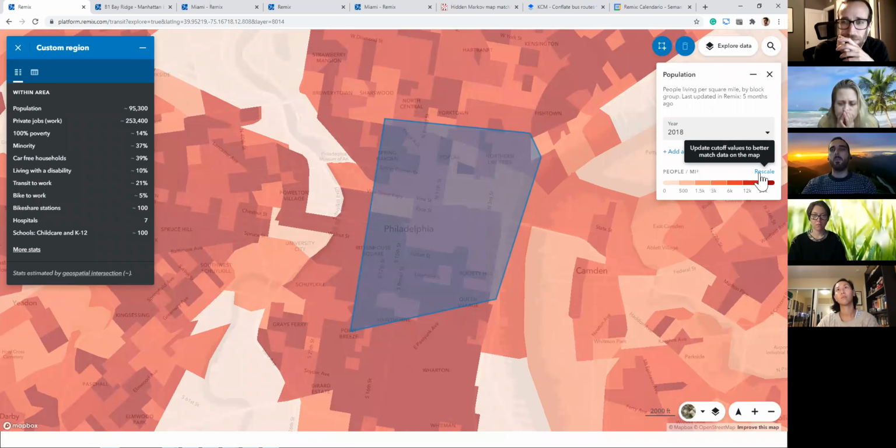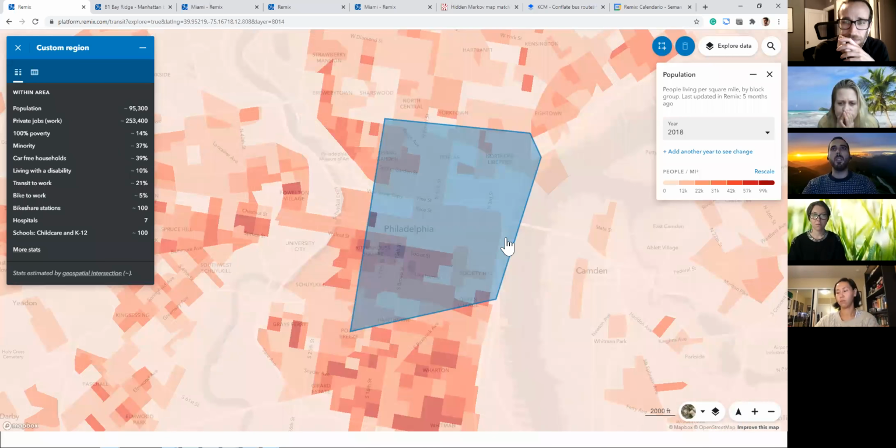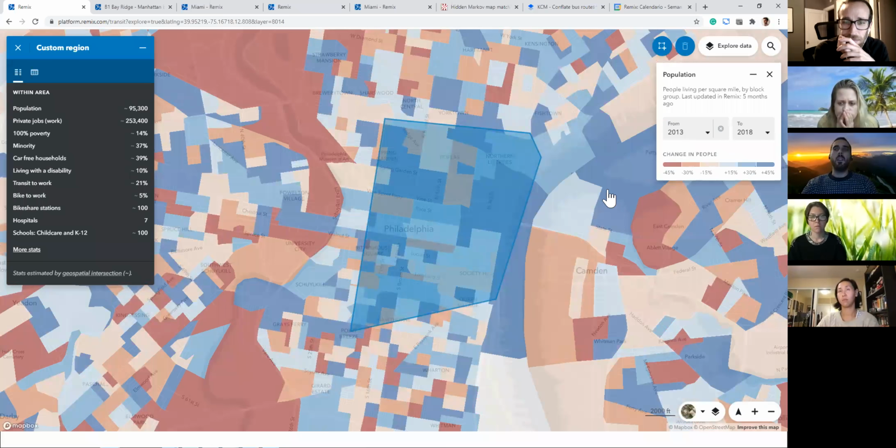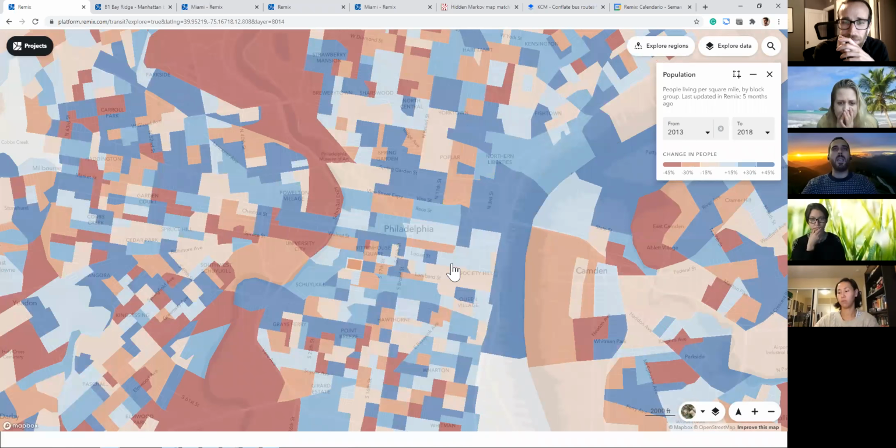You can rescale very easily to the part that you're seeing, and you could even compare with another census or compare two polygons at different points in time to see how, in this case, the population changed in these 5 years.